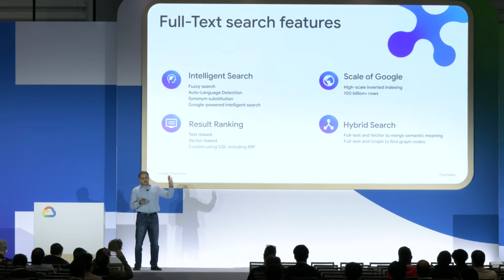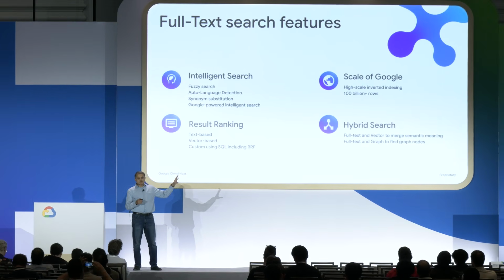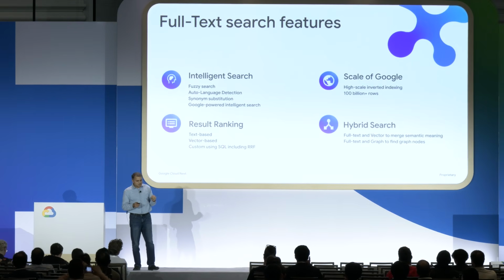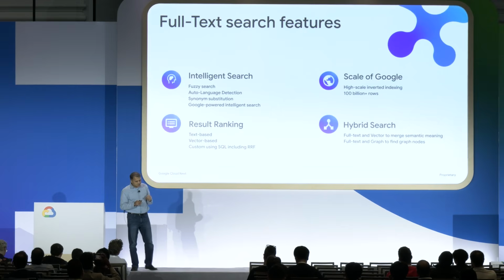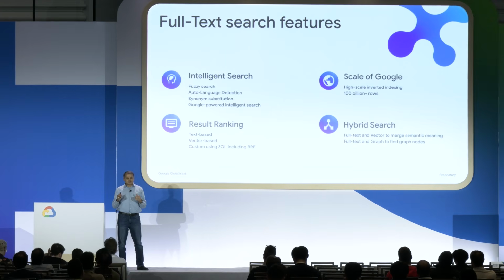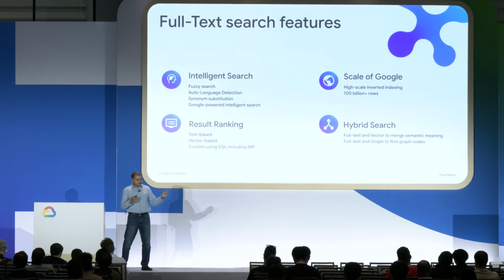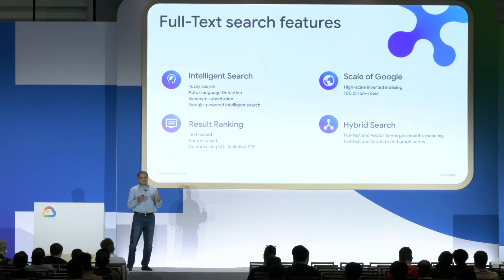But on top of this, we have built some additional interesting capabilities, so your search can really be intelligent. We have features like fuzzy search, which allows you to search with spelling mistakes and get around different ways of spelling things. We have auto-language detection, so the system will automatically detect the query language and the document language, and synonym substitution.